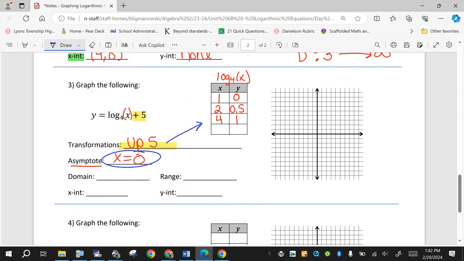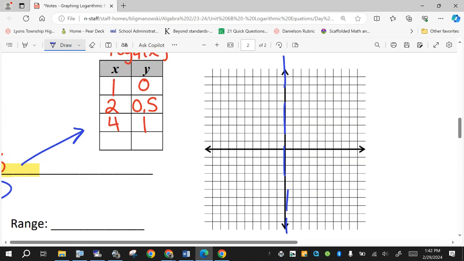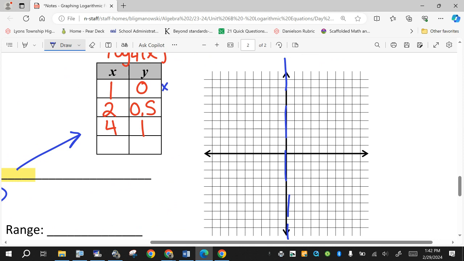So let's draw in our asymptote first. So at x equals 0. And then we're going to plot these points and then move them up 5. So I'm going to start at 1, 0. And then I'm going to go up 5. Then I'm going to do 2.5. And I'm going to go up 5.